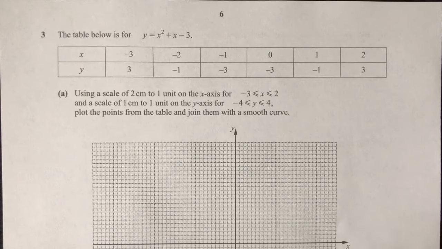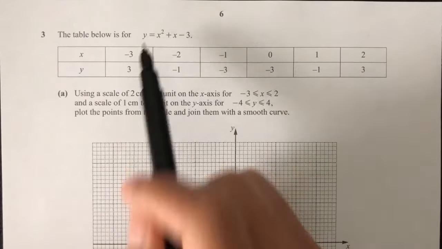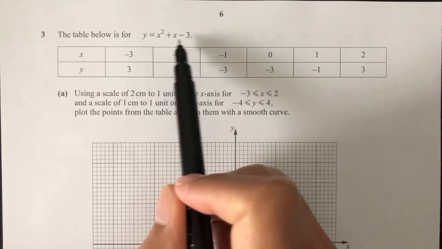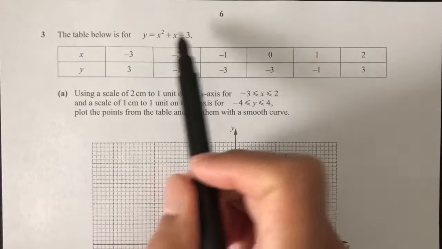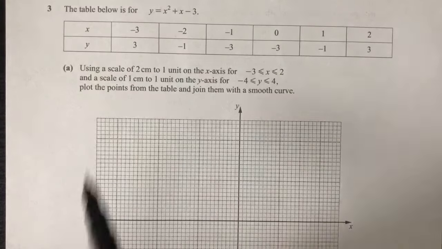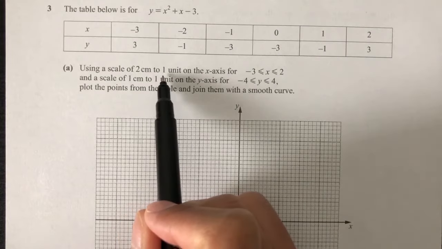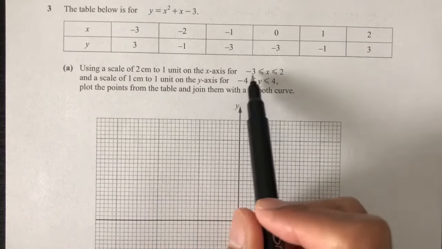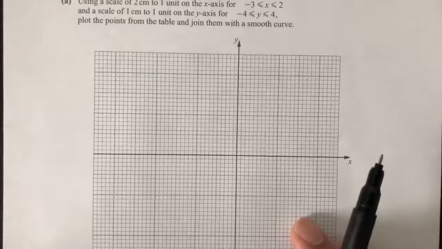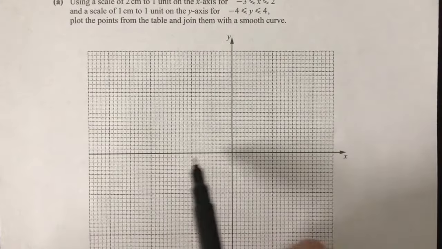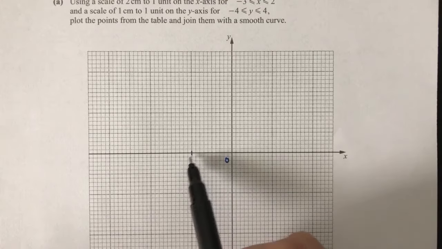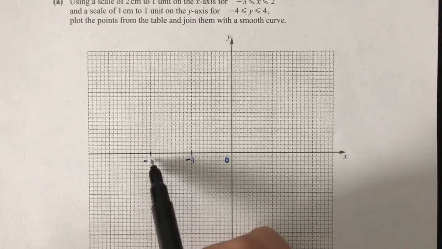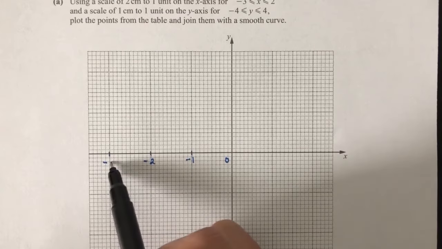Question number 3, the table shows the curve y equal to x squared plus x minus 3. These are the values for x and y for this curve. Now for part A, using a scale of 2 cm to 1 on the x-axis, we have to draw from minus 3 to 2. So I have to use a scale of 2 cm. This is 0. This will be minus 1, minus 2, and minus 3.